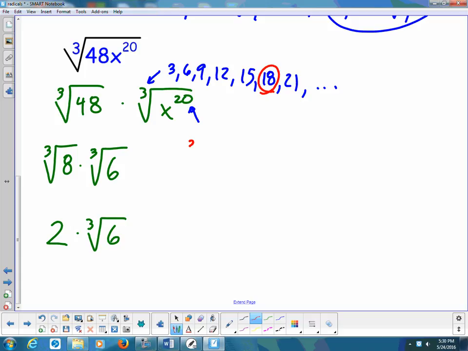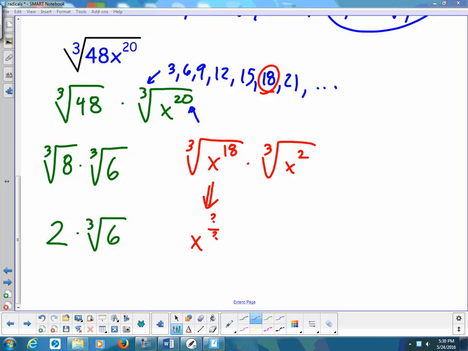So I'm going to rewrite this as cube root of x to the 18th times cube root of x to the 2nd, because that's how many are left over. X to the 18th times x to the 2nd would get me back to x to the 20th. Now I can rewrite this one as x to the what over what? Well, that would be x to the 18 over 3. So that gives me x to the 6th times cube root of x to the 2nd.